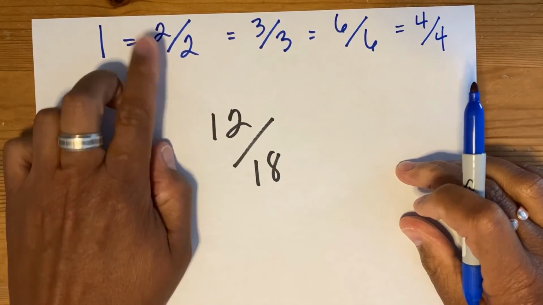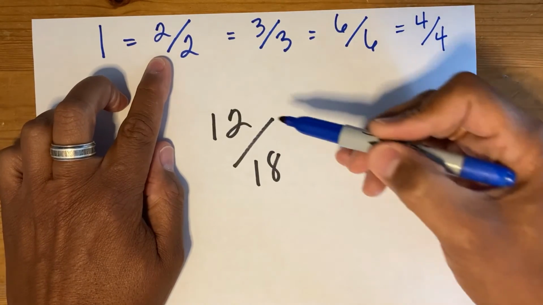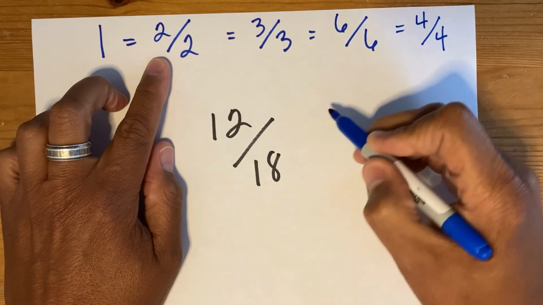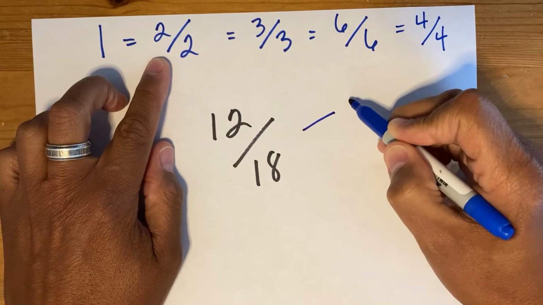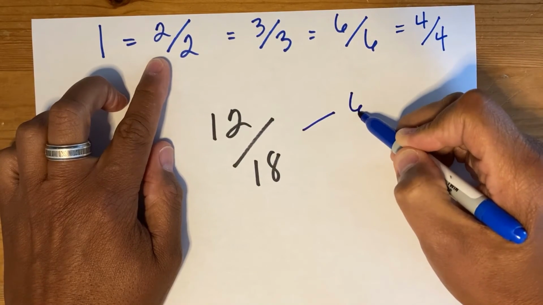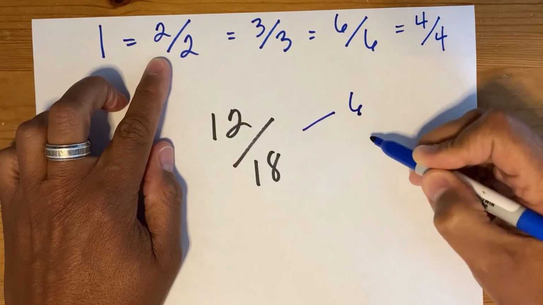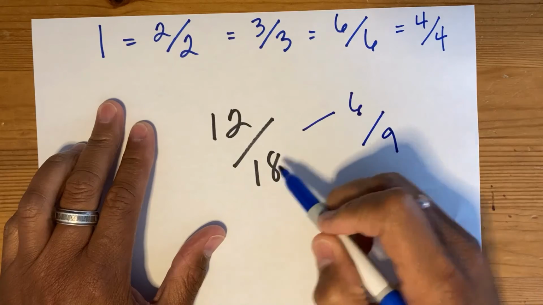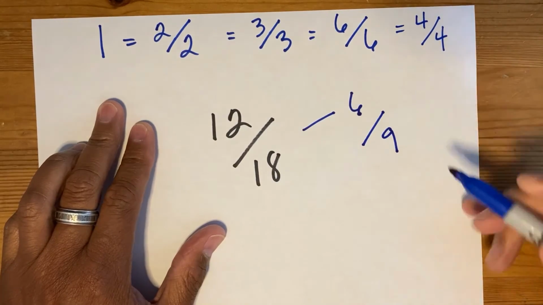So 2/2 is 1. If I divide both the numerator and the denominator by 2, 12 divided by 2 is 6. 18 divided by 2 is 9. Then I get an equivalent fraction. 12/18 is equivalent to 6/9.